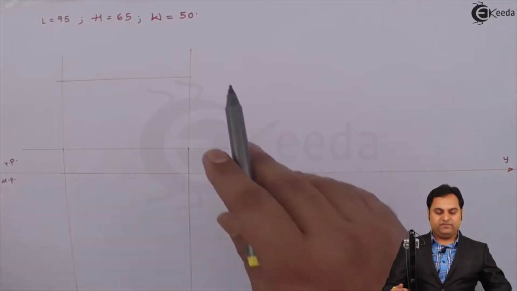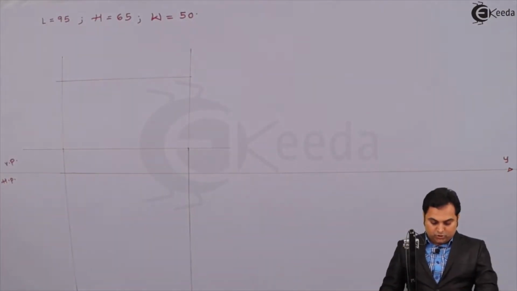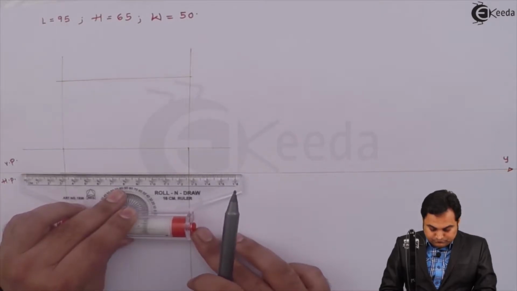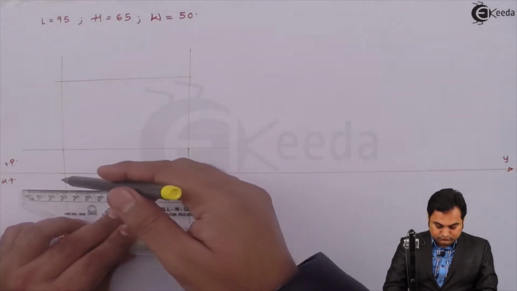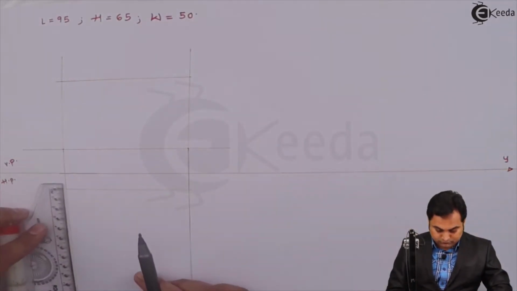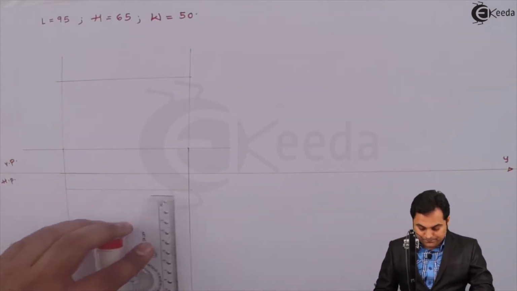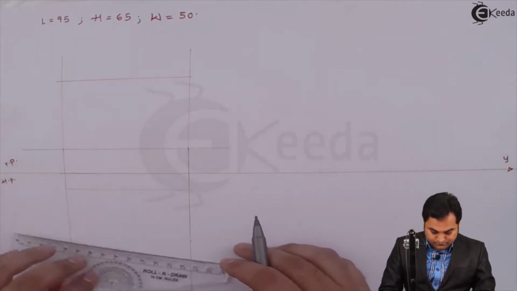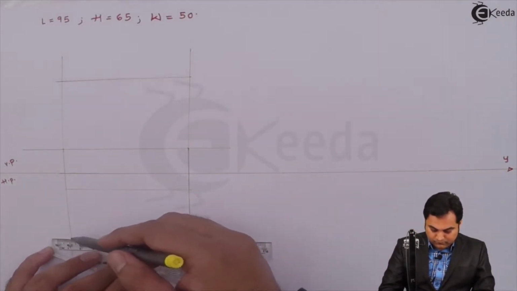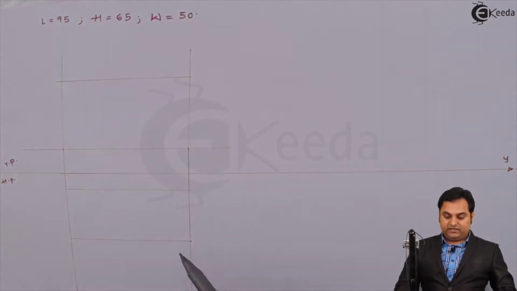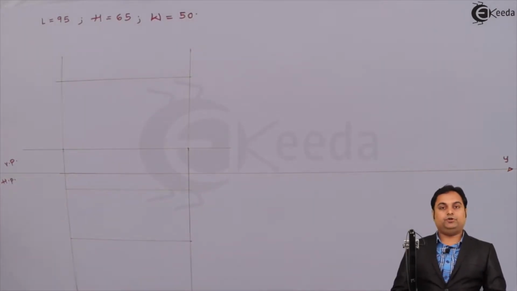And width is 50, which I can directly plot onto the top view. I'm marking 50 mm. So this is the rectangle inside which we should draw the top view.